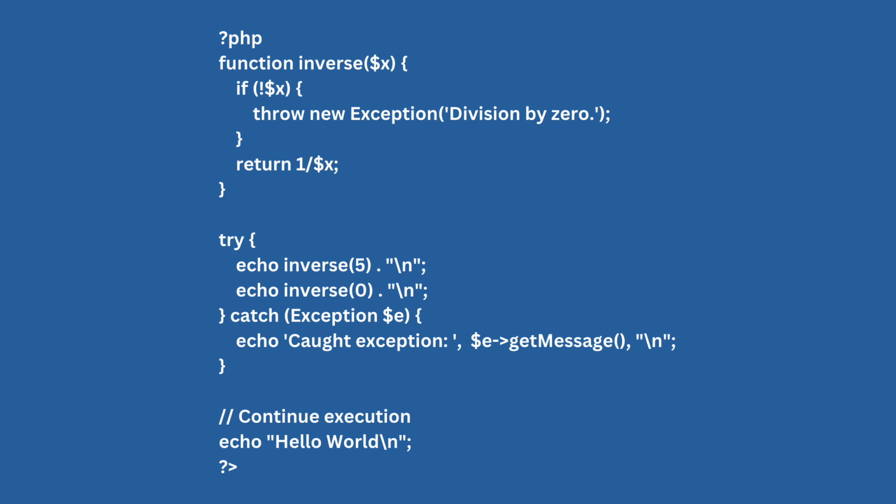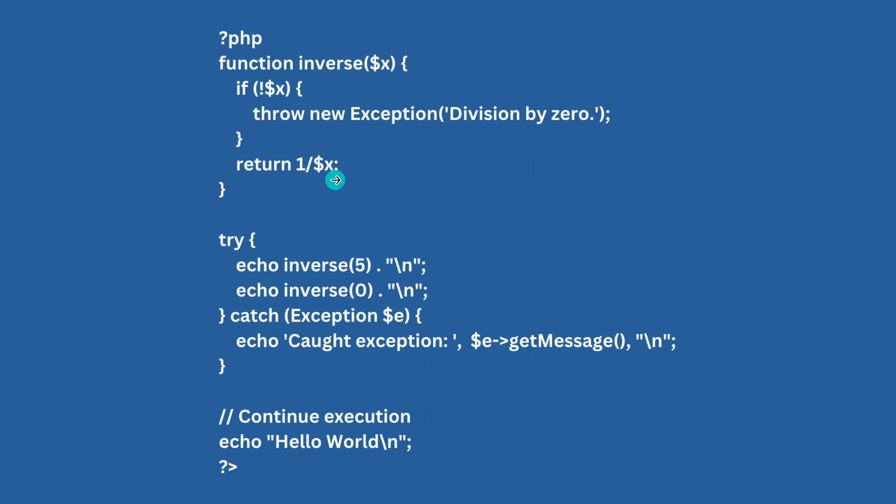See this function. I have written a function inverse. If not inverse means you have not supplied any integer, probably you have supplied 0. If you have supplied 0, then it will come here. I'm telling it to throw new exception division by 0.